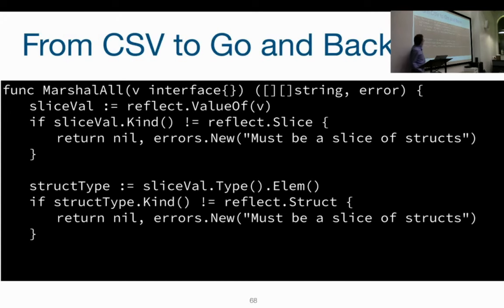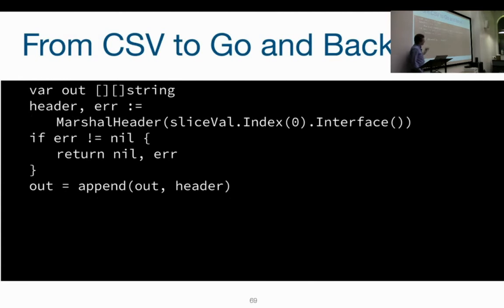So we again reflect.ValueOf, get the slice value, make sure to reflect that slice, and then check the element, make sure that it's a slice of structs. And then we have our output variable declared, so the slice of strings. Set the first row for the output to MarshalHeader's output. Pretty straightforward, so append it on after you call MarshalHeader.